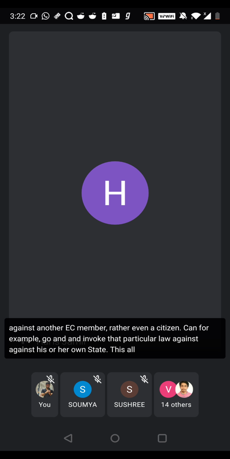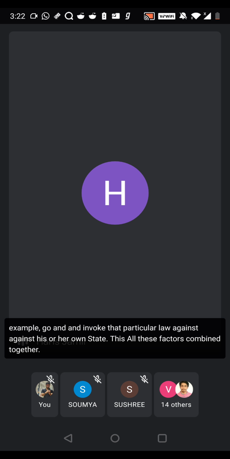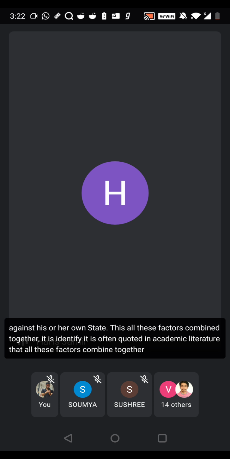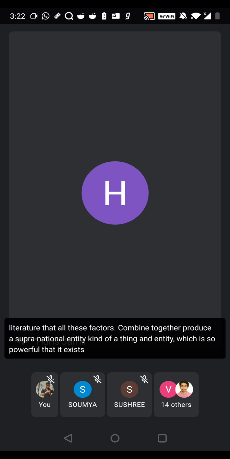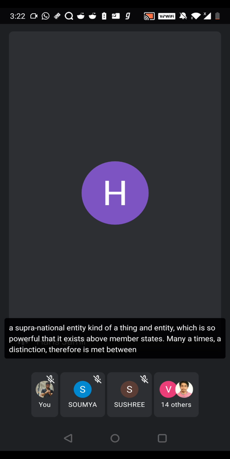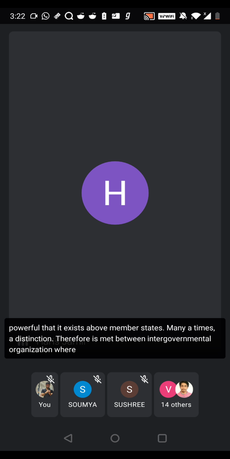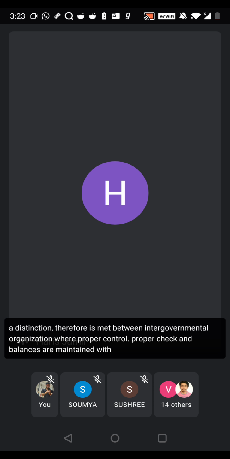All these factors combined together, it is often quoted in academic literature, produce a supranational entity, an entity which is so powerful that it exists above member states. Many a time, a distinction therefore is made between an intergovernmental organization, where proper control and checks and balances are maintained vis-a-vis the international organization.